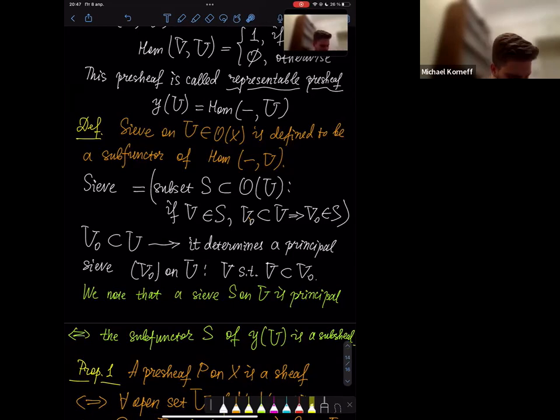In U. No, it isn't a cover, but we choose some subsets of this set, and if we have a V in O of U, then we should take all subsets of this set.